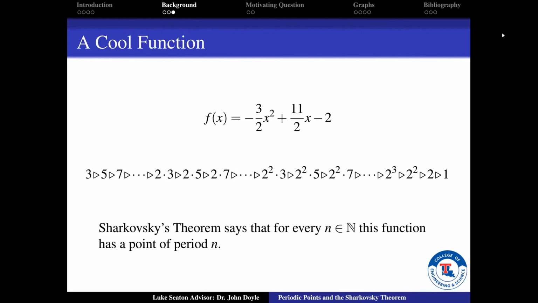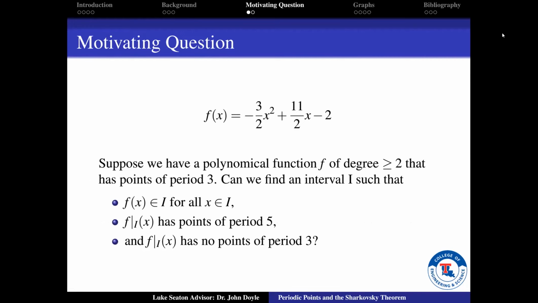So if we look back at Sharkovsky's ordering, we see that 3 is at the very beginning of this ordering, meaning that Sharkovsky's theorem says that this function has a point of period n for every n in the natural numbers. So this brought me to a motivating question.